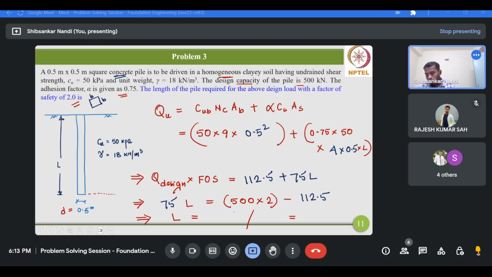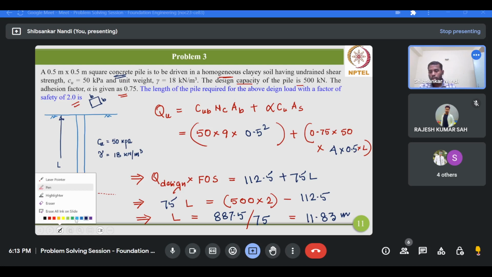So 1000 minus 102.5, so this is 887.5 divided by 75. So this will be 11.83. So the required length is basically 11.83.